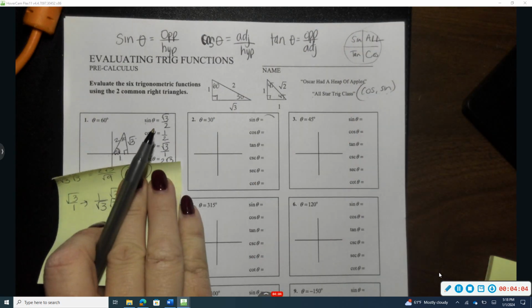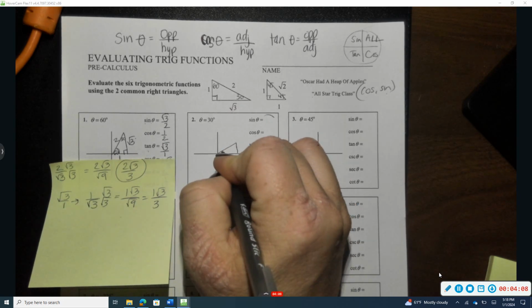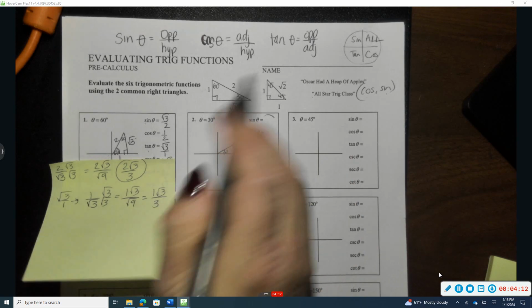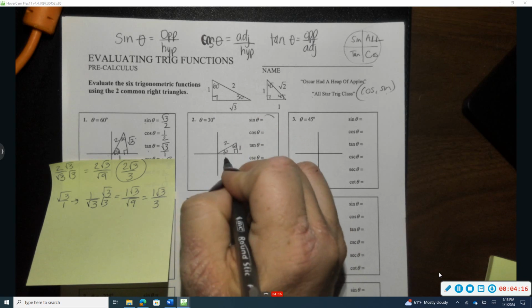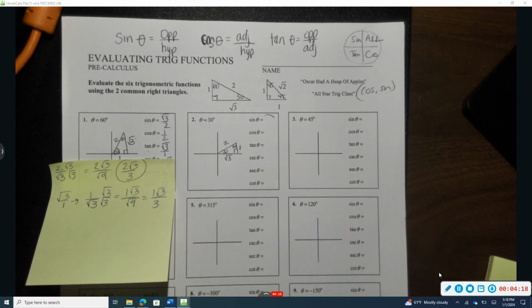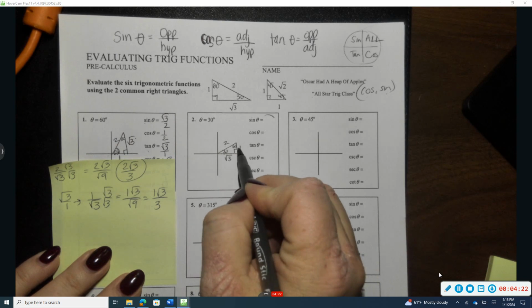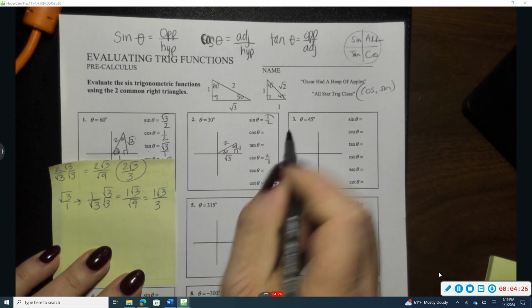Let's go on right now to number 2. Number 2, I'm going to make a 30-degree interior angle. So this is 30, 60, and 90. Across from 30 is 1, across from 90 degrees is 2, and across from 60 is radical 3. Okay, sine is opposite over hypotenuse. Opposite is 1 over 2, and the reciprocal is 2 over 1.